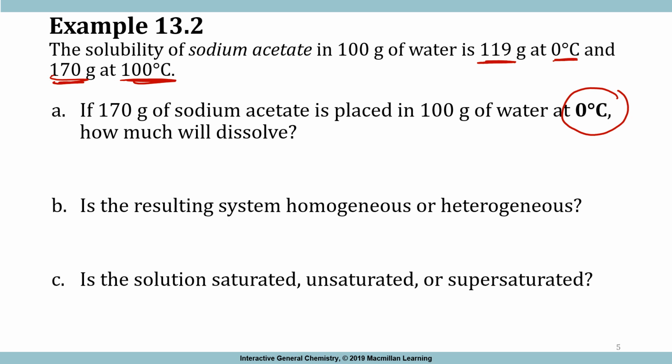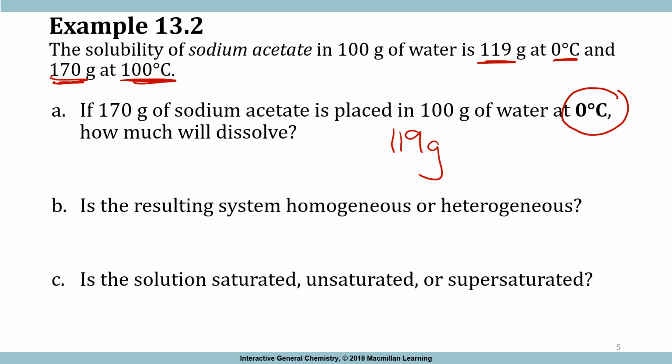Well, at 0 degrees, only 119 grams will dissolve. Whatever is left over will just be a solid at the bottom of the beaker or whatever you're trying to dissolve it in, but only 119 will be able to dissolve.